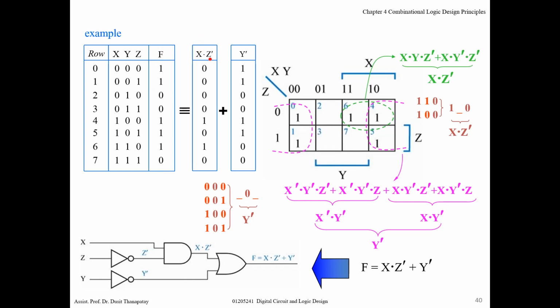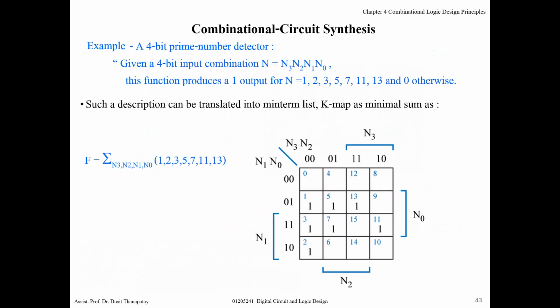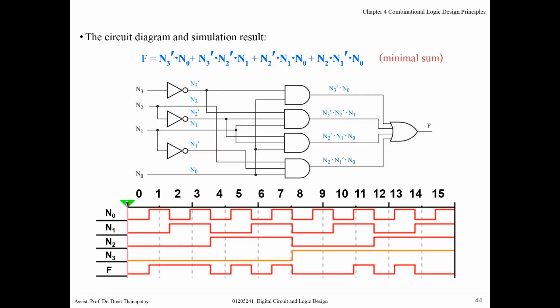The input that makes this product term be 1 will make the function be 1 also. So we say that this product term implies f. Okay, this is the meaning of imply.